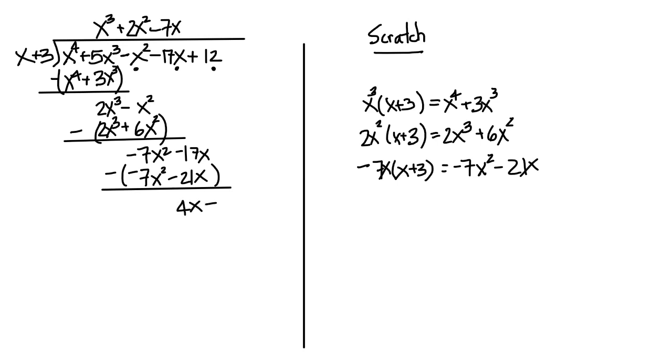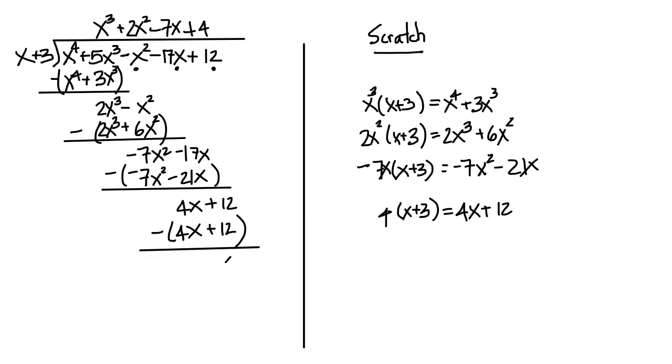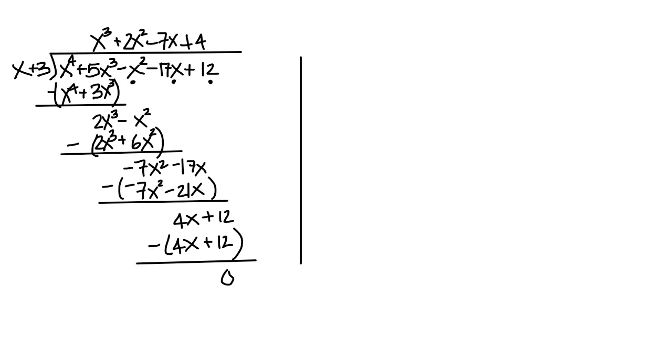Bring down the 12, so that leaves me with my divisor again, x plus 3. I'll need a 4 there, so plus 4, and this equals 4x plus 12, and that gives us a remainder of 0. So this actually means f of x equals the divisor multiplied by the quotient plus 0 in this case.